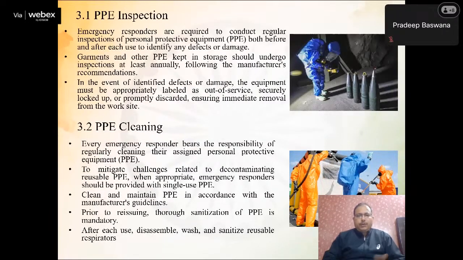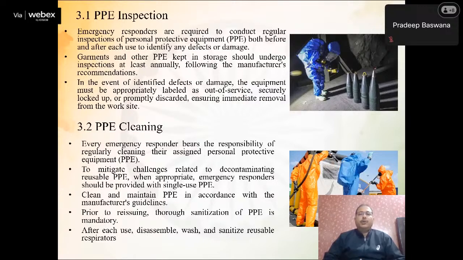Now, in PPE there are four terms, as I have already quoted. PPE inspection is the first part. In PPE inspection, emergency responders are required to conduct regular inspections of the protective equipment, both before and after each use, to identify any defects or damage. The answer for this question is very clear: it should not tear, it should not break, it should not allow any contaminants to enter.